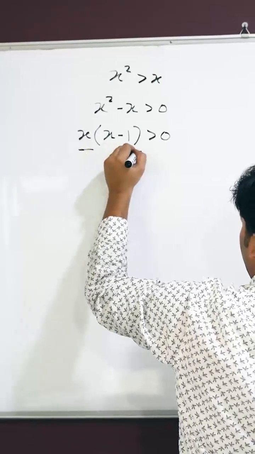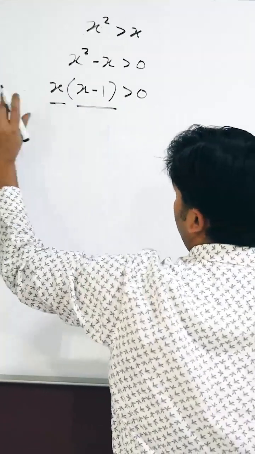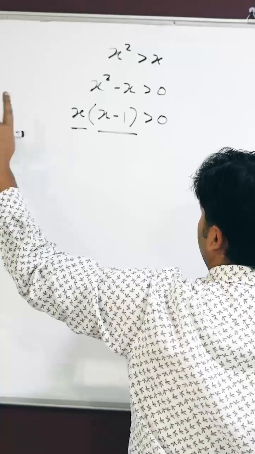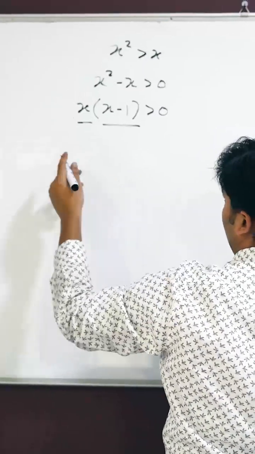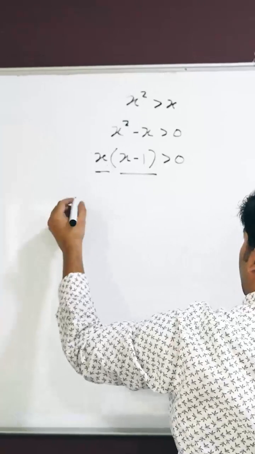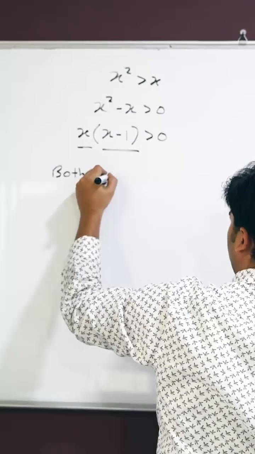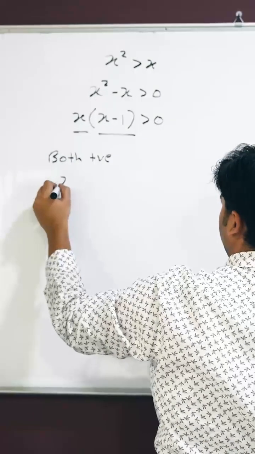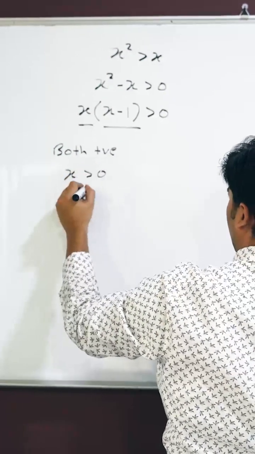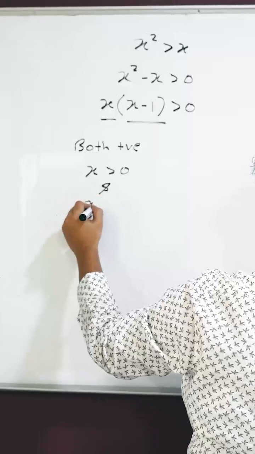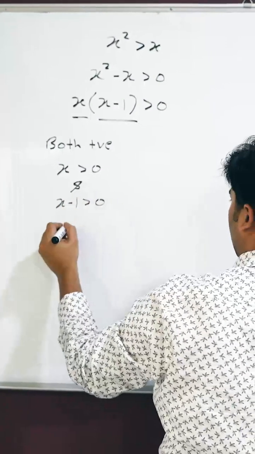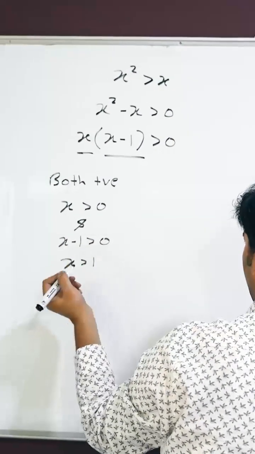Now if you notice, I can clearly see the product of two terms is greater than 0. That means what's the conclusion? They will have same signs. Now let's go for the first scenario. They can both be positive. Now if both of them are positive, that means x is greater than 0 and x minus 1 will also be greater than 0, which will make x greater than 1.